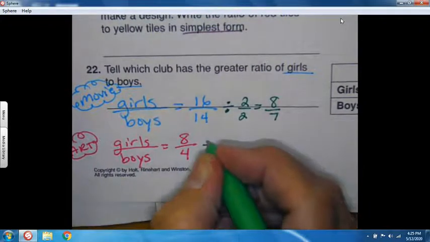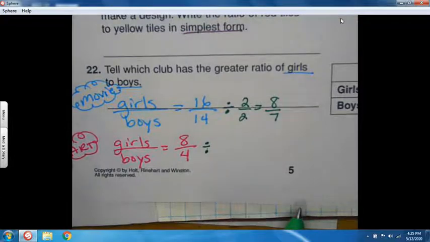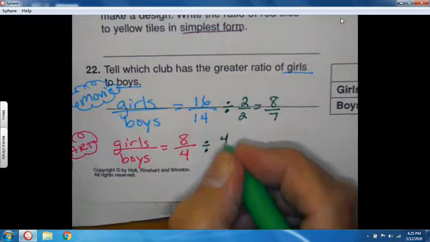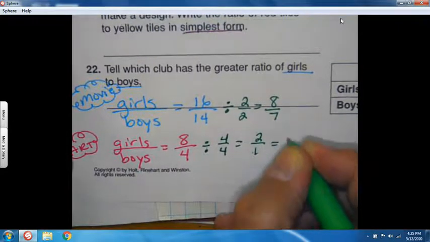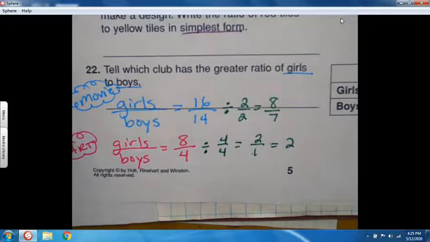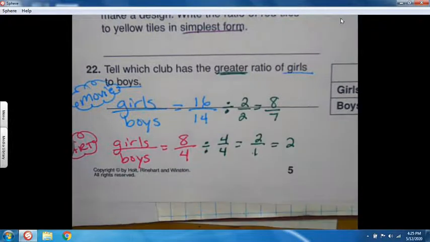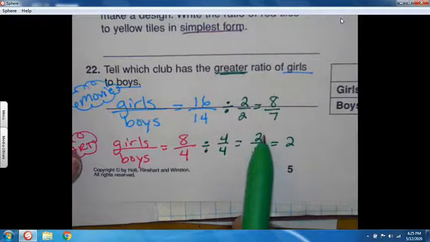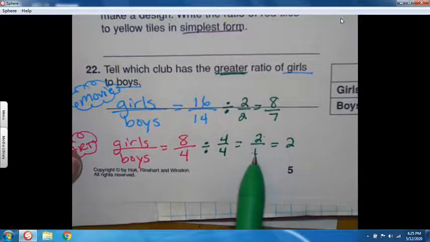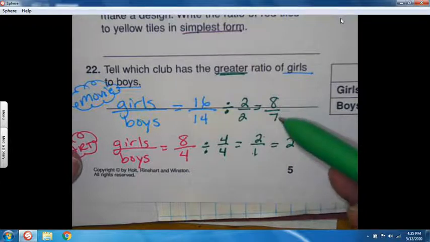Hopefully you're not thinking our greatest common factor is 2, because it's not here, it's 4. So we divide by 4 over 4, which equals 2 over 1, which equals 2. Well, which one has a greater ratio? Well, the answer here is 2. For every 2 girls, there's 1 boy. Here, for every 8 girls, there are 7 boys.